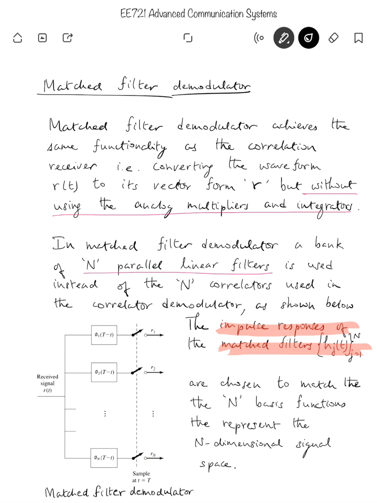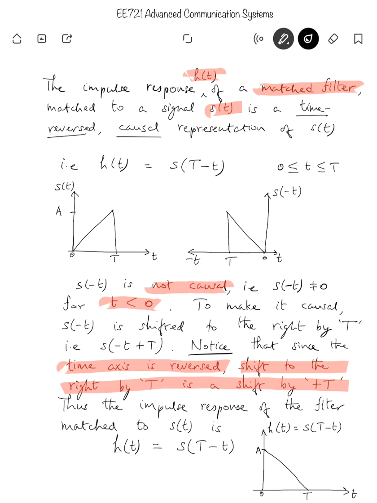So there is a slight difference: rather than matching to the signals, we will match the impulse response of the filter to the basis functions that represent our signals.